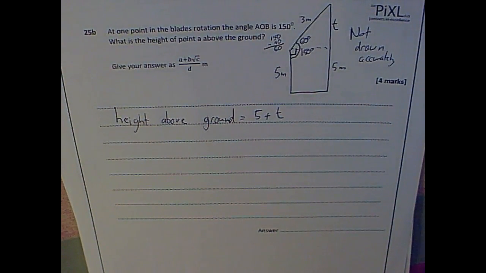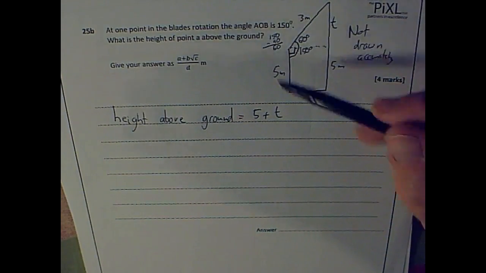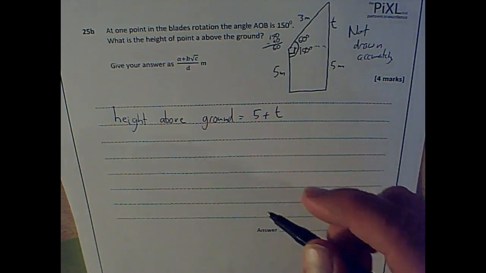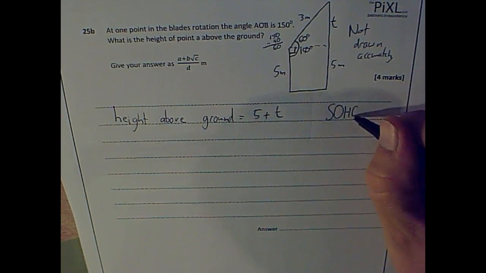Great. And now I'm really away here. I can see the way this is going to work out. I'm going to need to use some more trigonometry here. So what I'm going to do is write out for myself SOHCAHTOA.